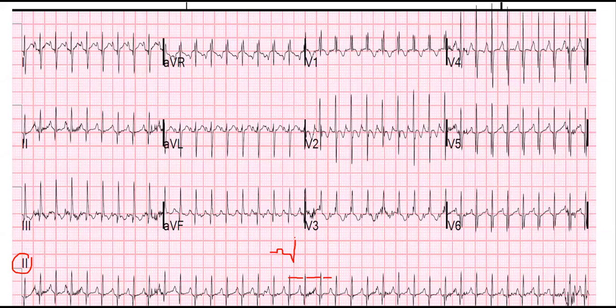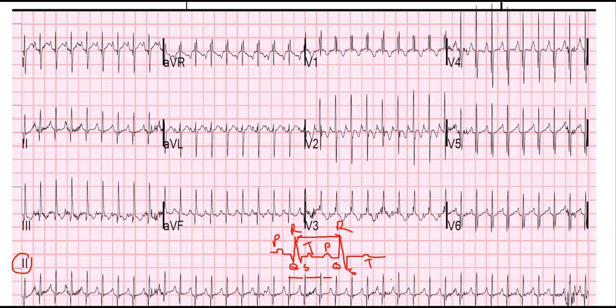This is the P wave, this is R, this is R, this is QRS, T. And this RR interval is important to calculate the heart rate. Most importantly, first have a look at whether this RR interval is regular. If the RR interval is regular, it means the rhythm is regular.